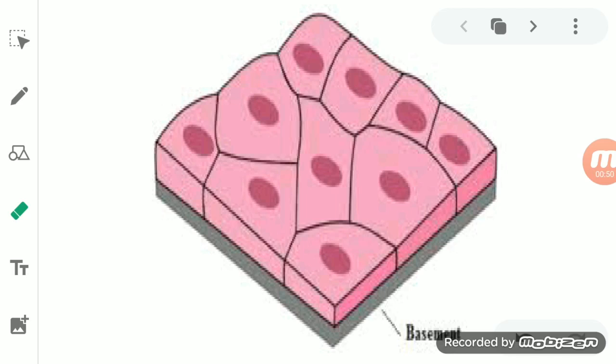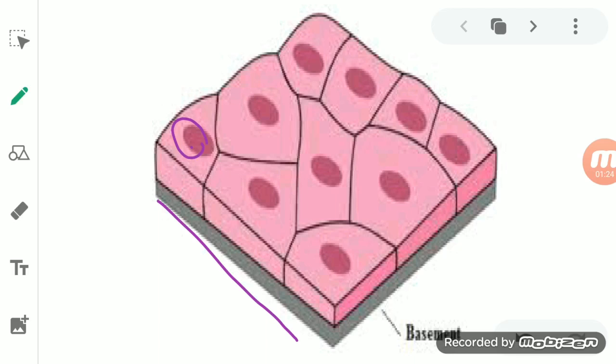Okay, now we will start with the squamous epithelium. So squamous epithelium cells are flat cells. If we see it, we find that the cells are thin and flat, having a prominent nucleus in it, and they are lying on a non-cellular membrane, that is a basement membrane.